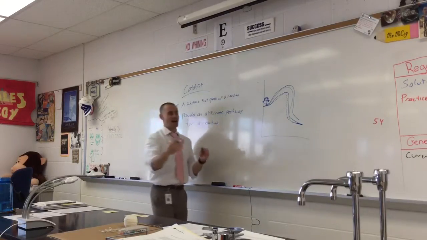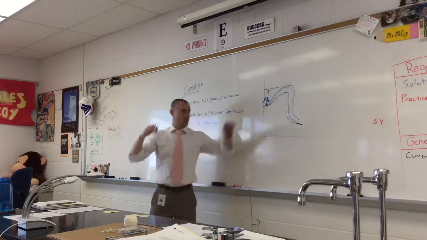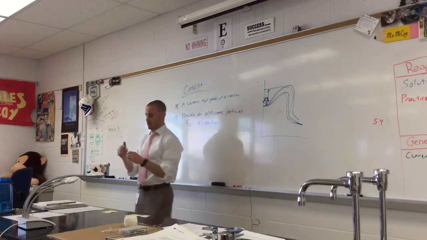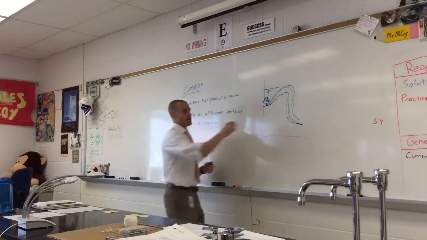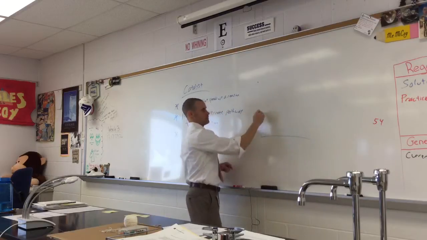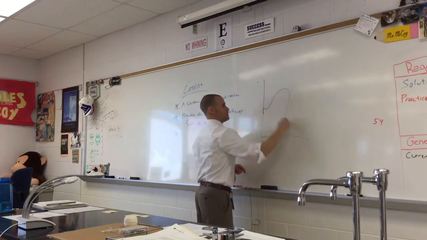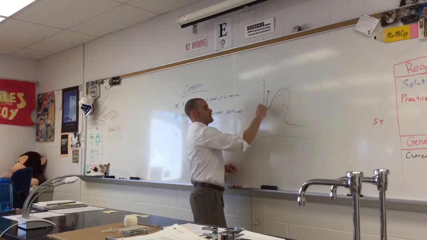So what does it actually do? Who remembers, what's this arrow right here called? From the reactants to the top of the peak, what's that called? Activation energy. So what does a catalyst do? Let me erase all this and draw it again. All right, so here's the catalyst underneath here.